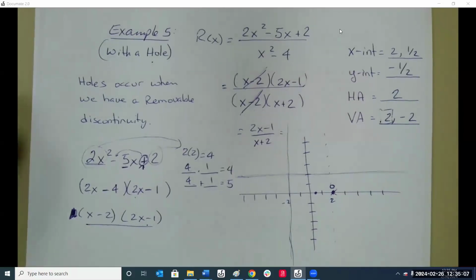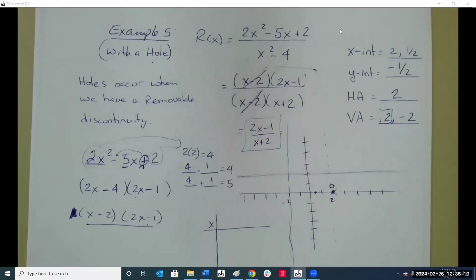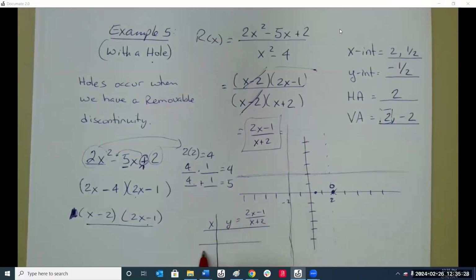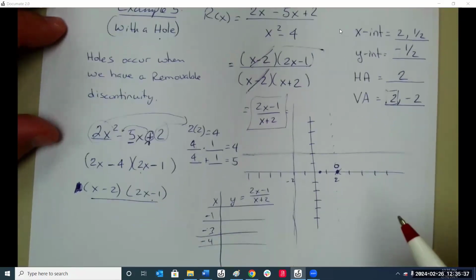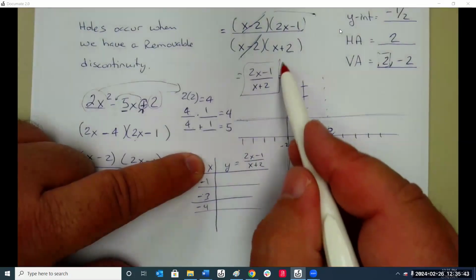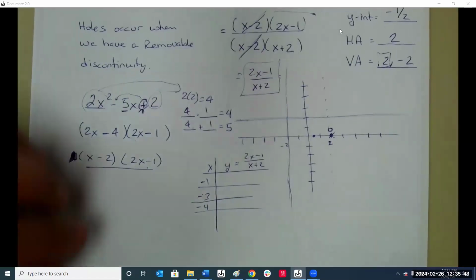So plot some points. We're going to be using our modified function. So at negative 1, we'll see what that looks like. At negative 3 and negative 4. I'm thinking that on this side of the asymptote it will be up here, and this one's going to be down here. That's just by looking at these points.